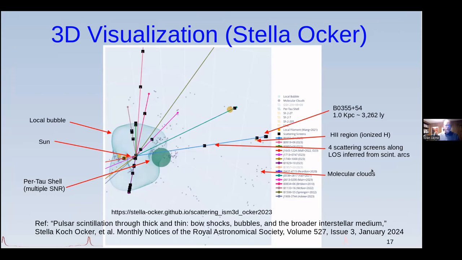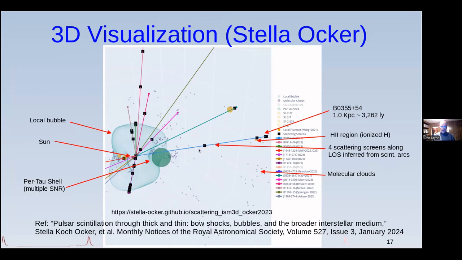Stella Ocker is an astronomer, and she has developed this 3D interactive visualization of pulsars that's put up on GitHub. Anybody can go get it. The sun is right here. This greenish blob is the local bubble, and each one of these is a different pulsar. There's about a dozen pulsars here. The blue line goes to the pulsar that we're interested in, 0355+54, out here at 1 kiloparsec.